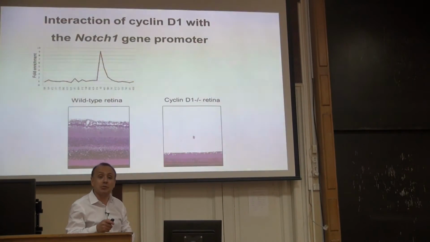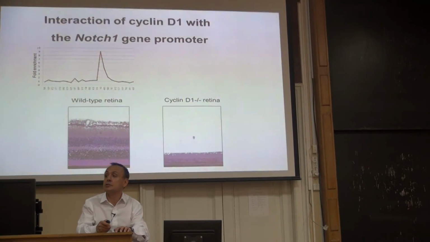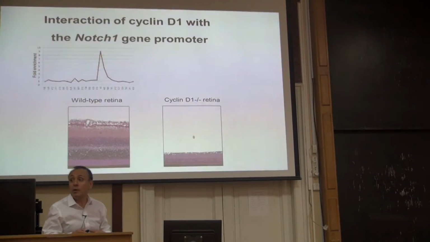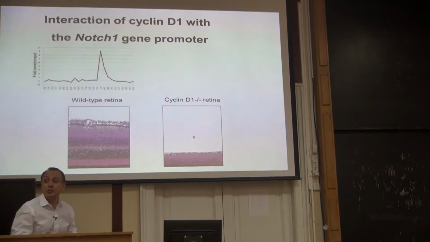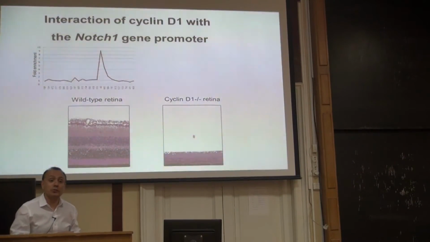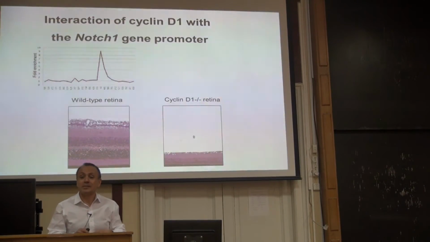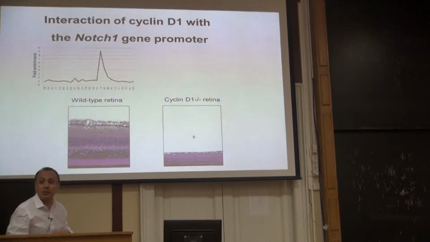Looking at the genes where cyclin D1 is sitting on a promoter, one of those genes is the Notch gene. And Notch is a very important gene, which was actually shown to control retinal development.